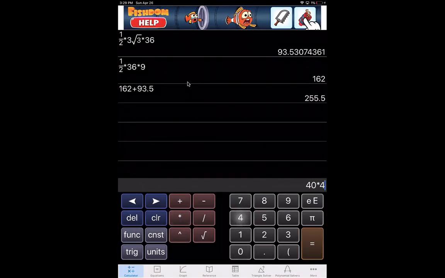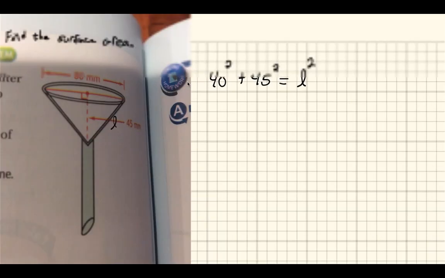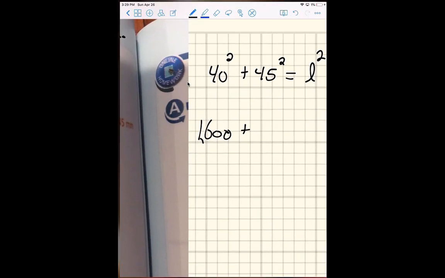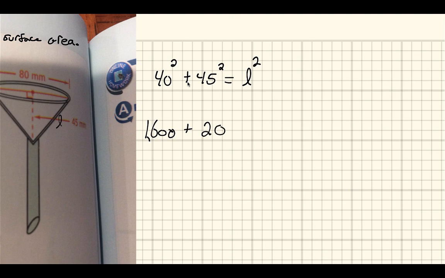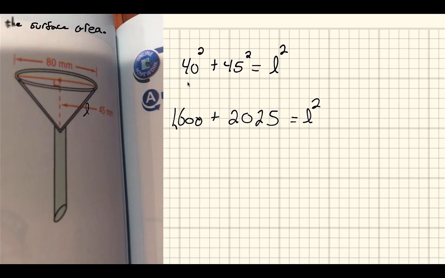40 times 40 is 1600, plus 45 times 45 is 2025, equals L squared. Let's add those two up. 3625.